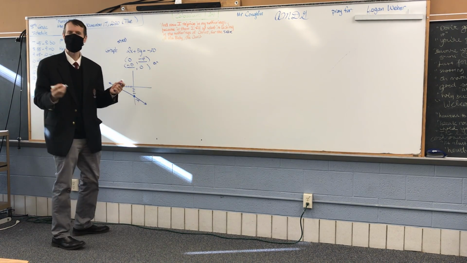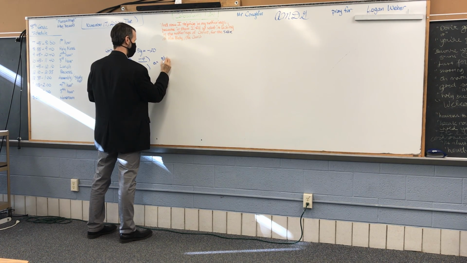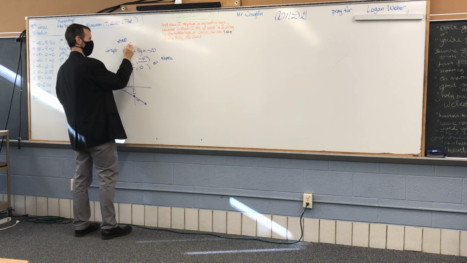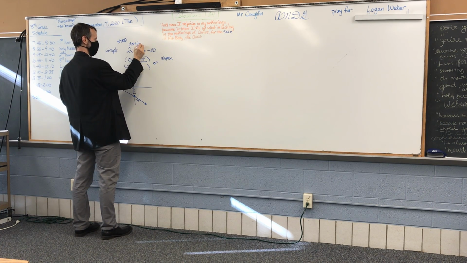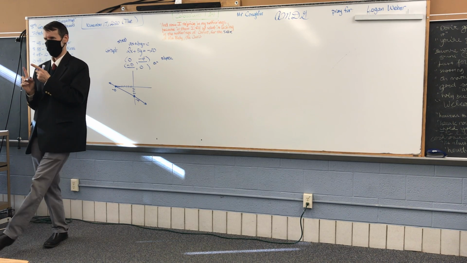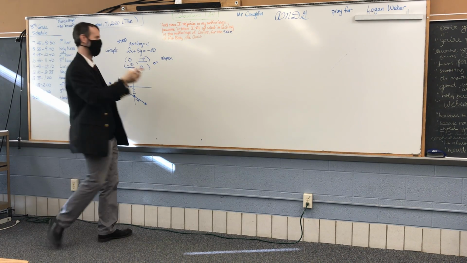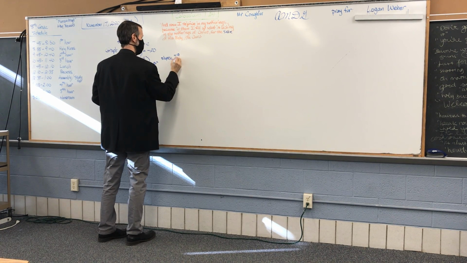There is another way to do it. If you happen to remember, there are two little cheat formulas. If you remember, standard form is ax plus by equals c. Anybody remember the small formula that gives you the slope? It's very small. Negative a over b.